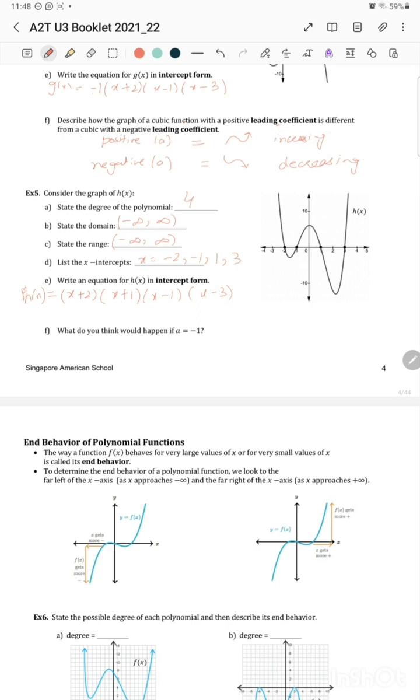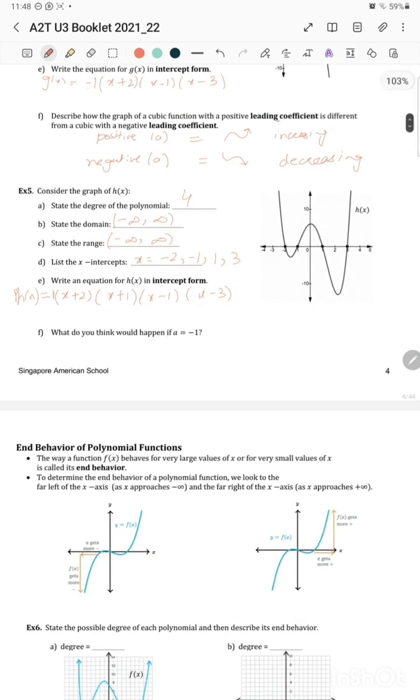What do you think would happen if a is equal to -1? So here a is +1, so a is -1 reflects over the x-axis.